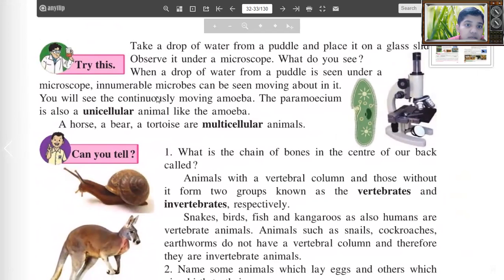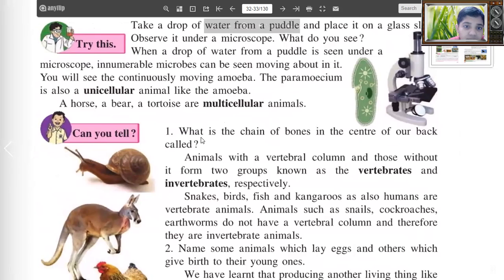You will see the continuously moving amoeba. The paramecium is also a unicellular animal like the amoeba. A horse, a bear, a tortoise are multicellular animals.